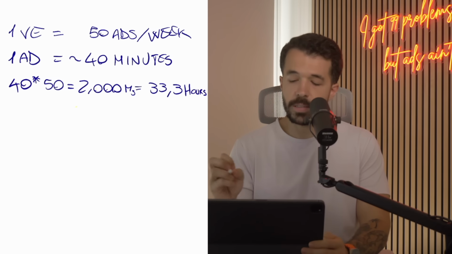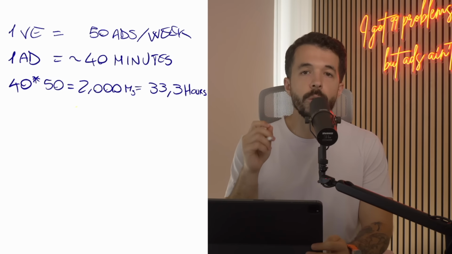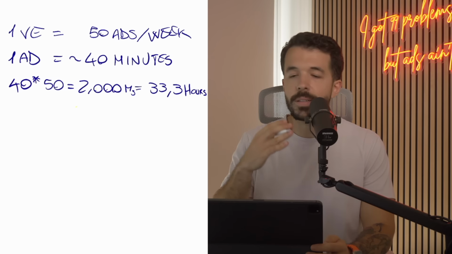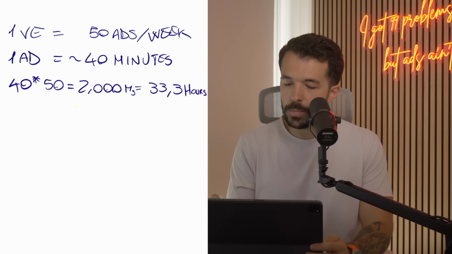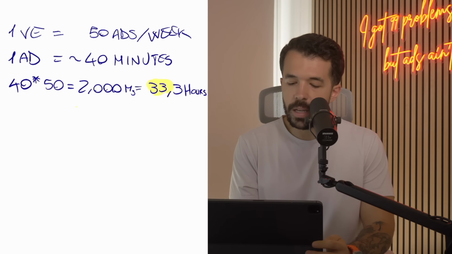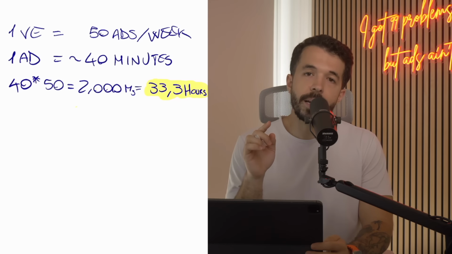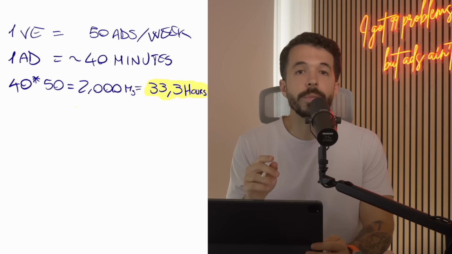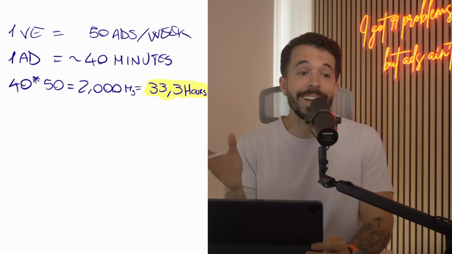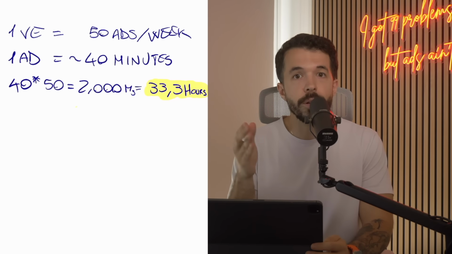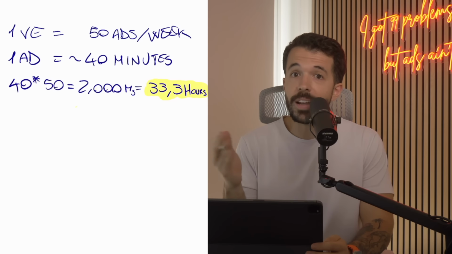So this means that if you want your video editor to give you the highest output possible, they need to spend 33.3 hours a week just editing videos. And as a founder, your job is to put them in a position where they can edit videos for 33.3 hours, which is not an easy task.